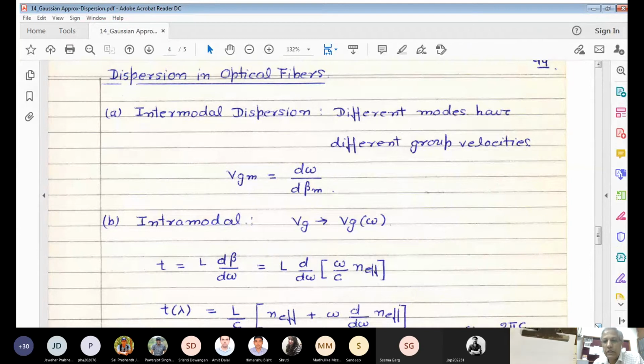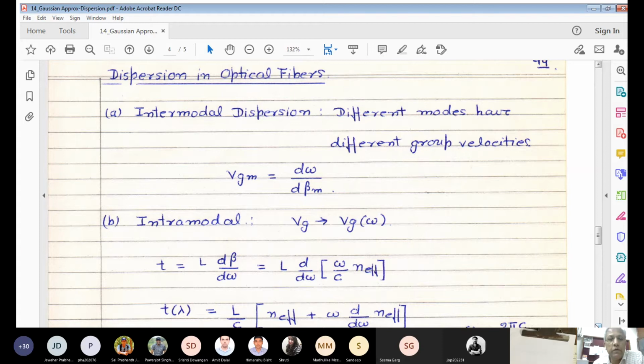Now there are various reasons, and we will discuss all these in terms of wave optics modal field patterns. In ray optics, we had discussed that intermodal dispersion is because different rays travel different paths and reach the output end at different times, so you get broadening in the pulse.